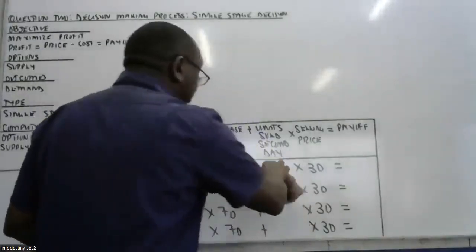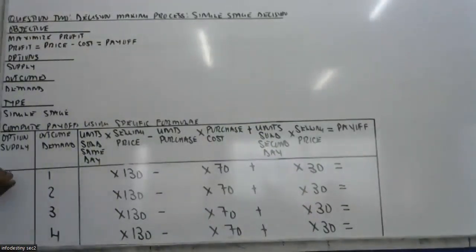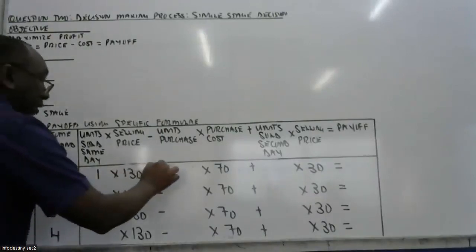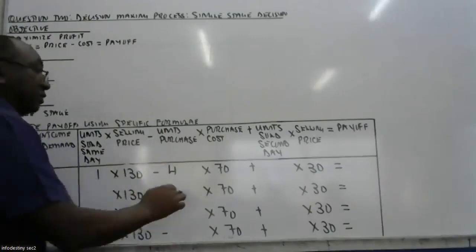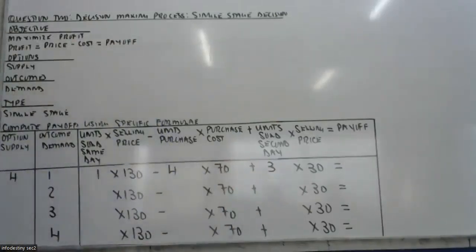And let's now see what happens if you have bought 4. If you go to the market and buy 4, and 1 customer comes, you sell 1 at 130. Because you have bought 4, that means 3 remain unsold.